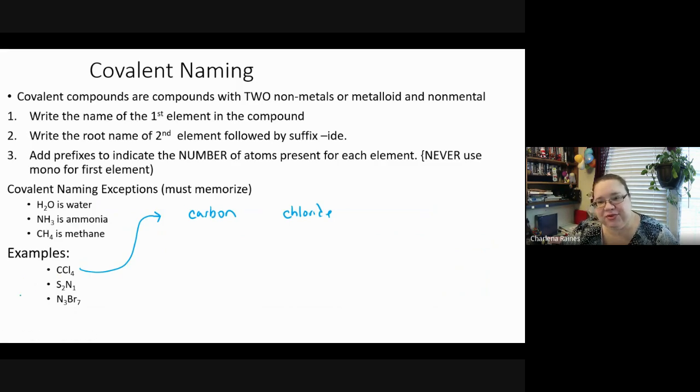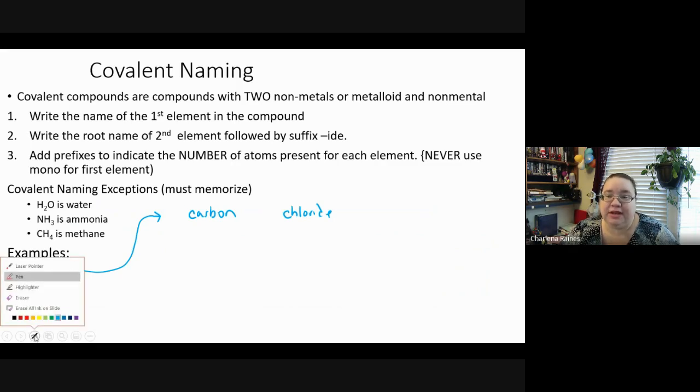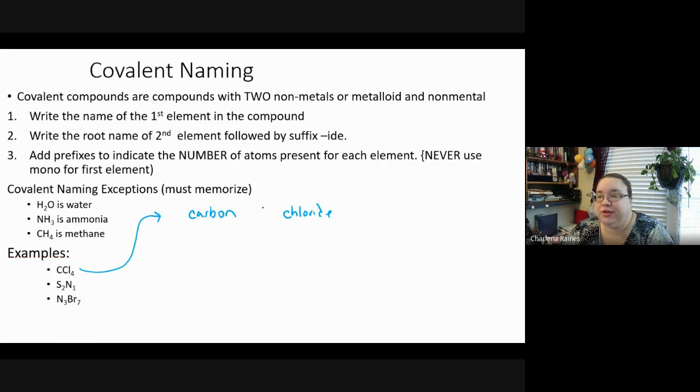And I haven't shown you all the prefixes yet, so I will put them up on the screen right after this example. But my prefix for 1 is mono. My prefix for 4 is tetra. We don't use mono on the first element, so this thing's name is just carbon tetrachloride.